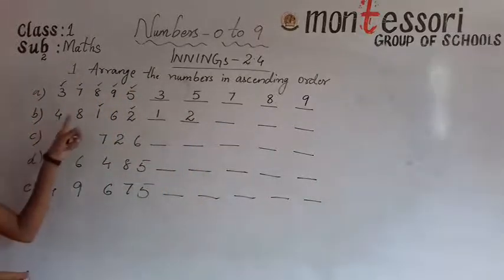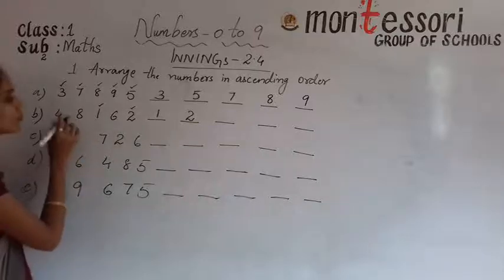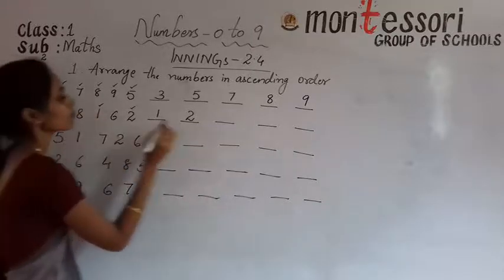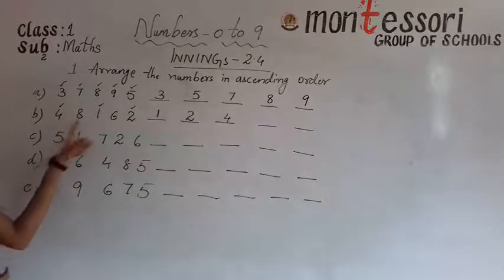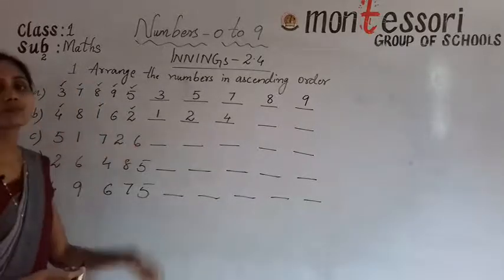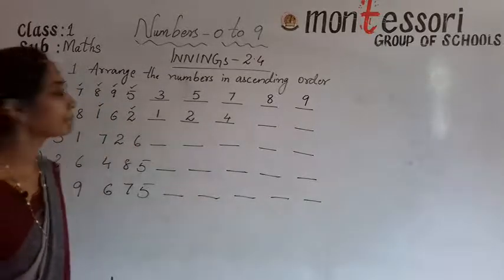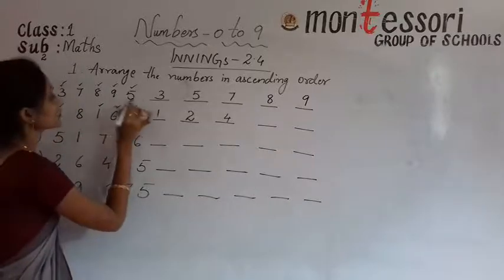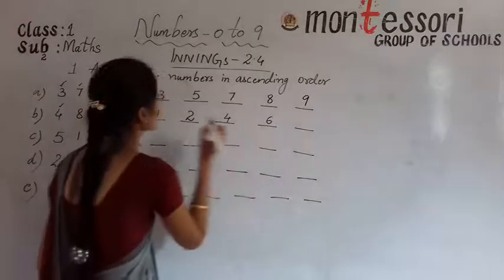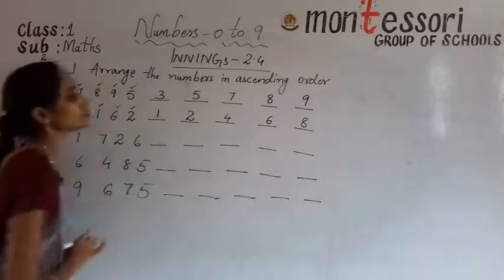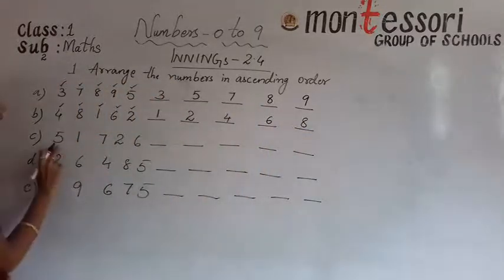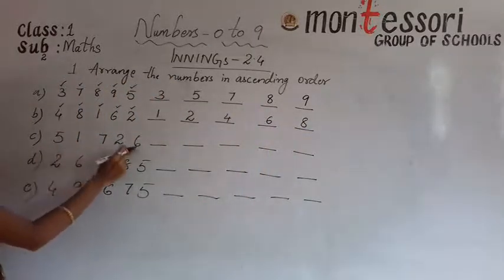Next 4, 8, 6. Among these three numbers, which is the smallest number? 4. Write 4. Next 8, 6. Which is the smallest number? 6. And finally 8. Now 5, 1, 7, 2, 6.